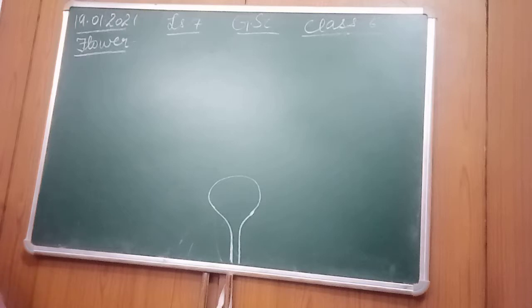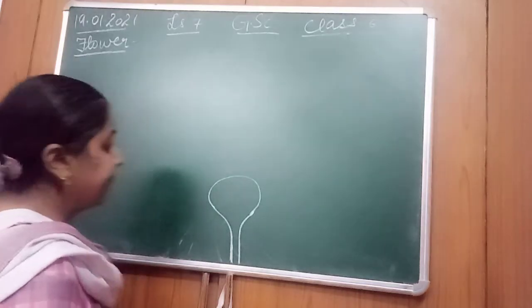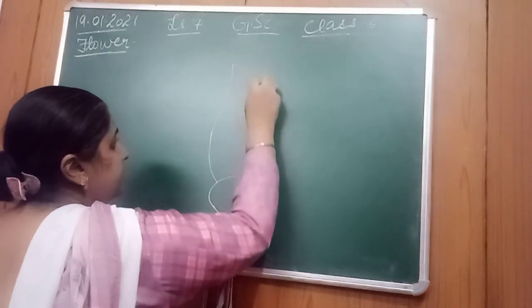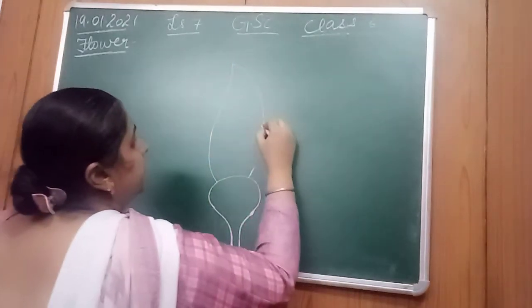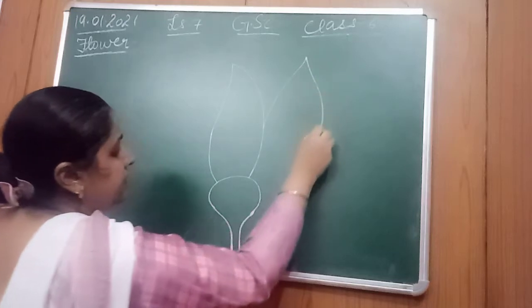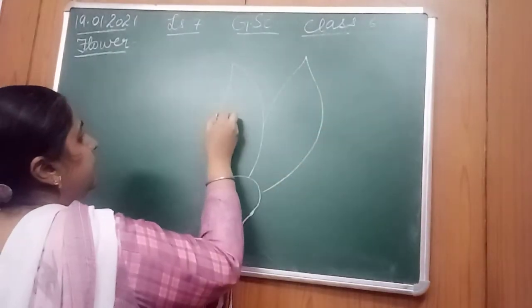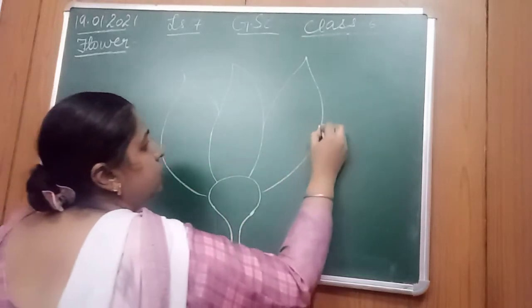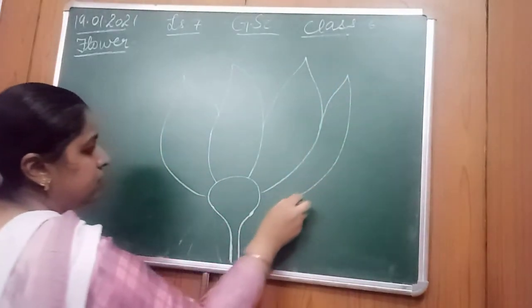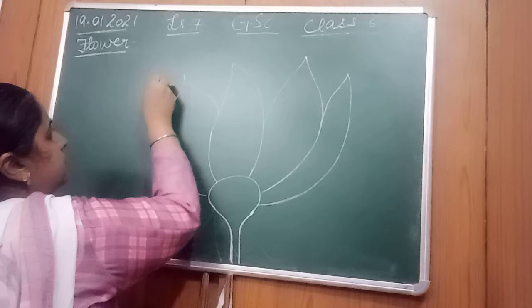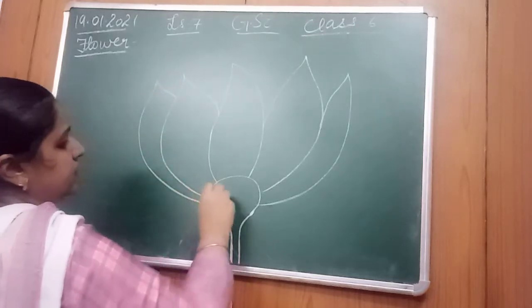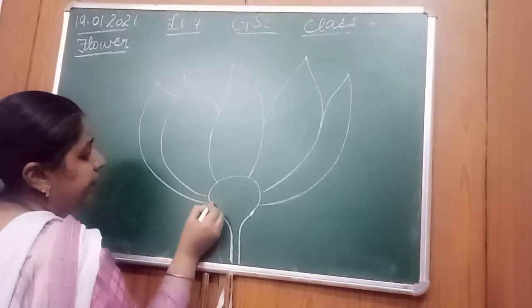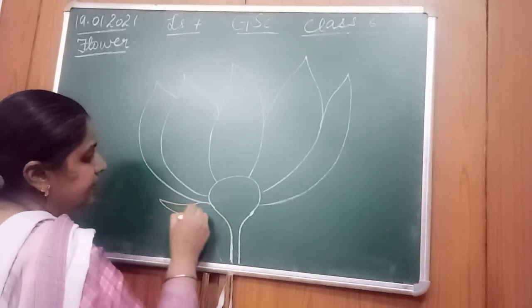Is that clear? Then first of all, draw the petals like this. You can draw more. Right? Then draw sepals, green colored.